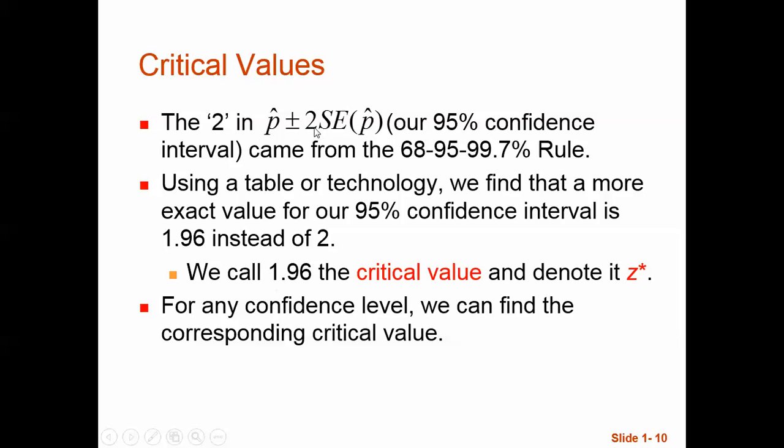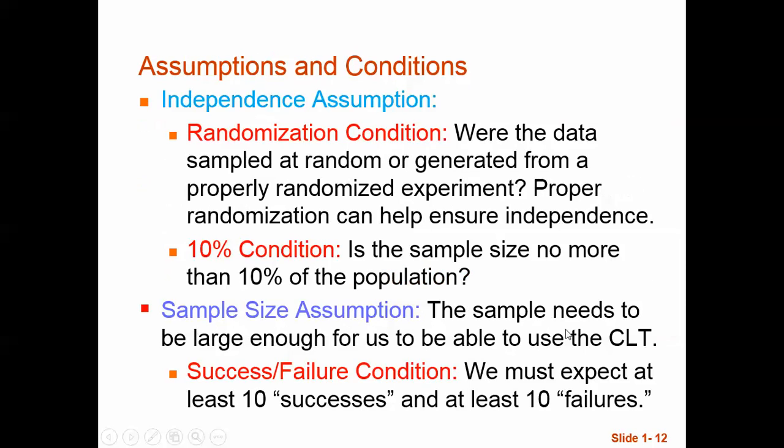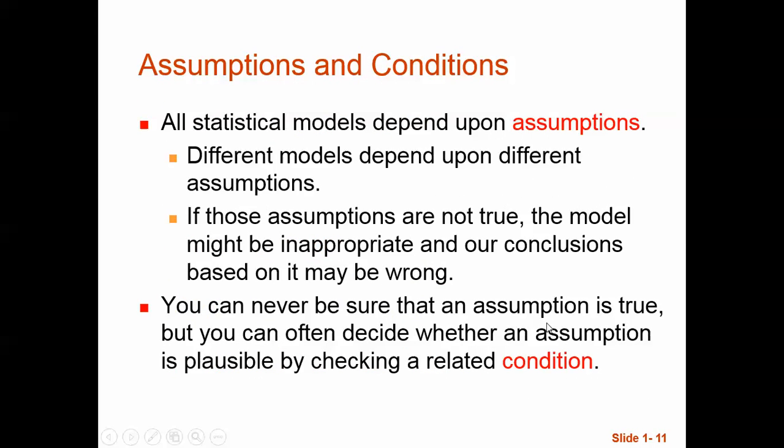Technically, the two that we were talking about before in that standard error, margin of error formula is actually, if you look at the normal distribution, a little bit smaller than 2. To capture 95% of the area under the curve, we only have to go 1.96 standard deviations on either side. But we'll be using technology, so we won't have to worry so much about that.